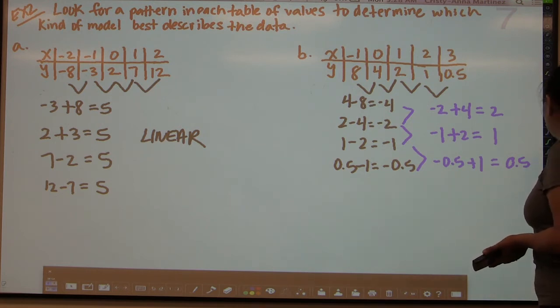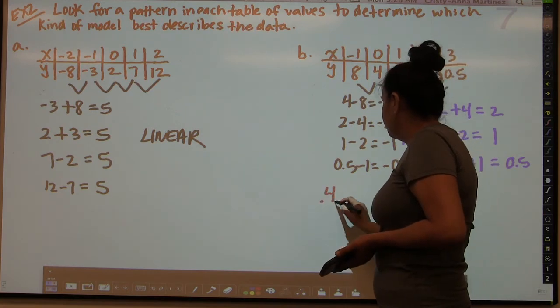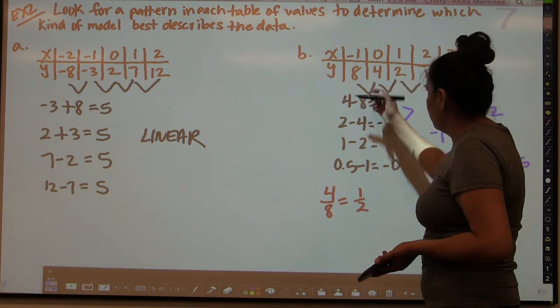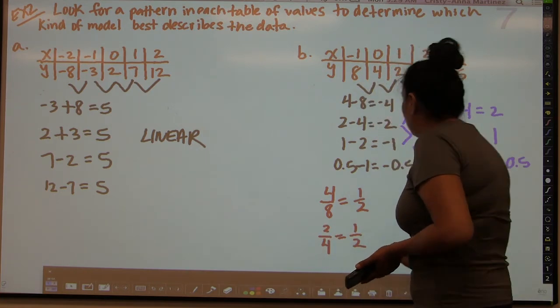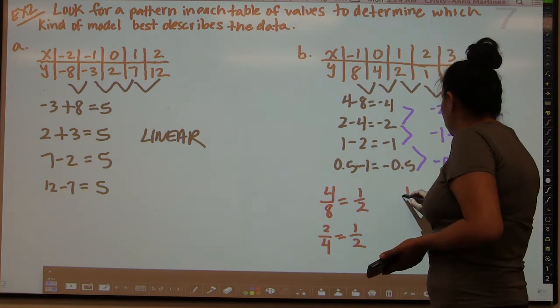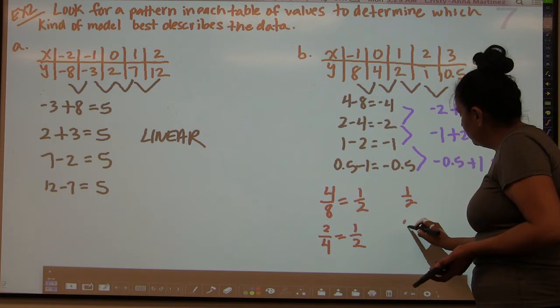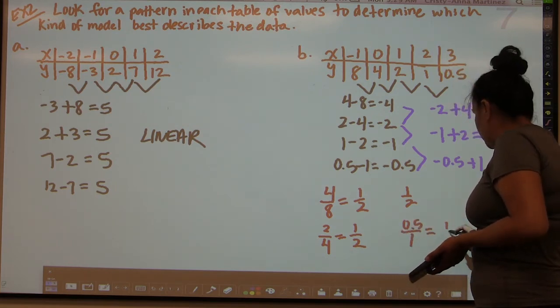So now we're going to try ratios. Ratios would be 4 divided by 8, which is 1/2. You would have 2 divided by 4, which is also 1/2. And now we're off to a better start. 1 divided by 2 is obviously 1/2. And then 0.5 divided by 1 is 0.5, which is the same thing as 1/2.